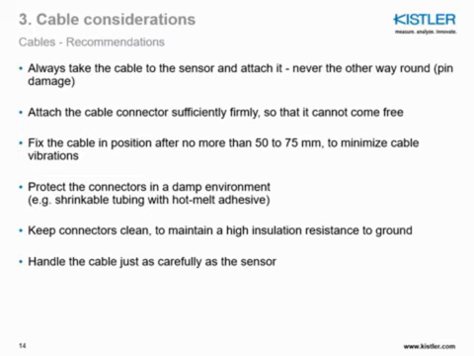Attach the cable connector sufficiently firmly so that it cannot come free during the measurement. It's recommended to fix the cable in position after no more than 50 or 75 mm of cable length to minimize the cable vibration. Whenever you have a damp environment, I will mention that in the next slides, always put some protection on the connector, like shrink tubing and things like that.